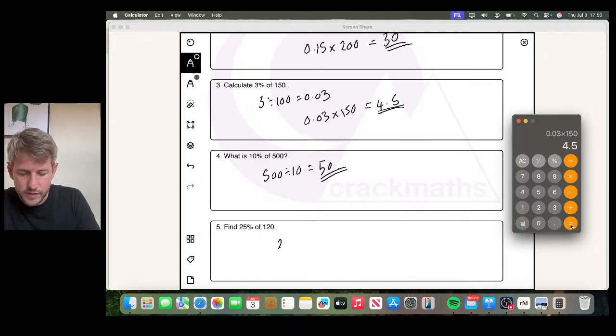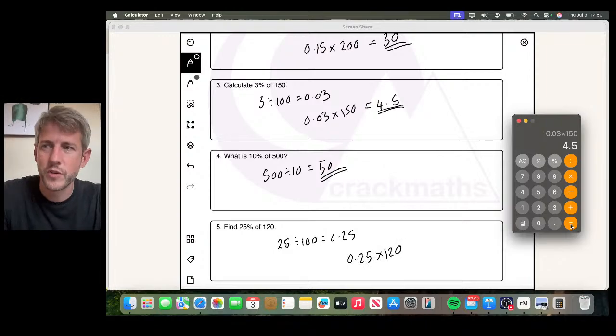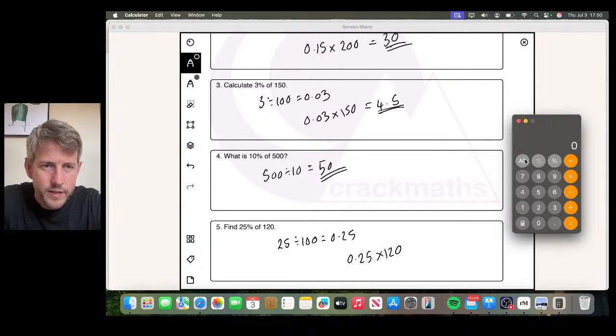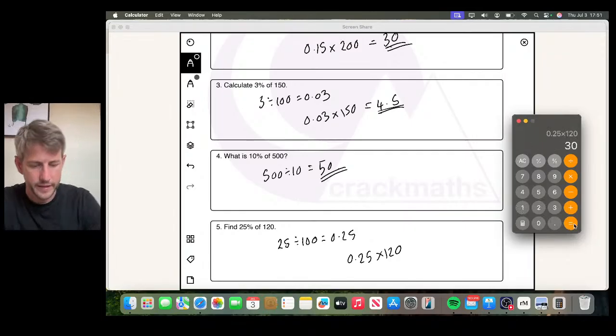So again, I'm just going to do 25 divided by 100 equals 0.25. And then 0.25 times 120. And we'll do that on the calculator. So here we go. 0.25 times 120 equals 30.